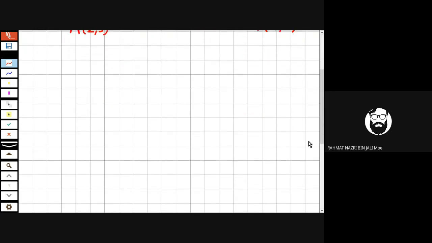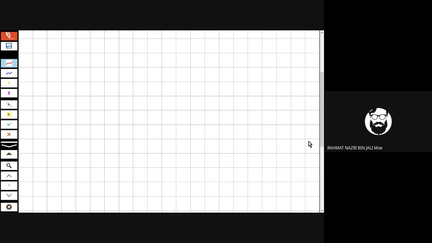Teruskan. Kemudian kita lihat pula macam mana kita specify coordinate object when the coordinate of image is given. Okay, ini untuk case yang kedua.